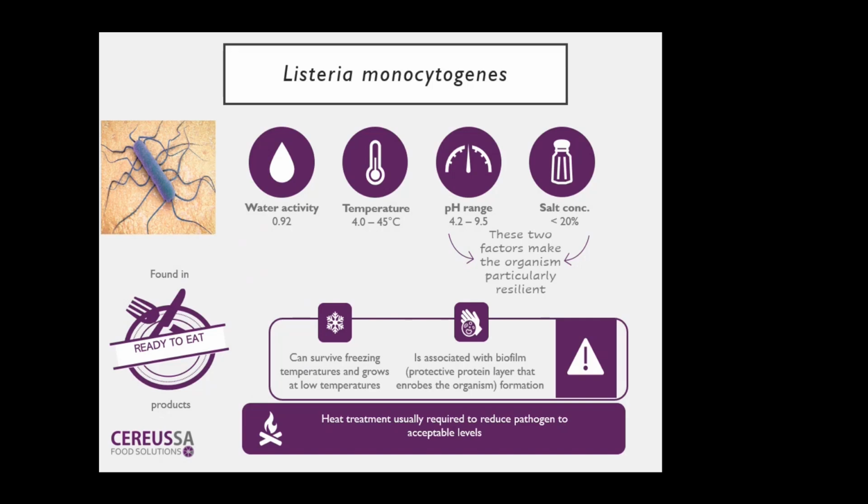Fortunately, Listeria is very quickly killed through heat treatment. And this is required to reduce pathogens to acceptable levels. So for instance, for milk, we will pasteurize the milk, which is a heat treatment to kill any Listeria that might be present in the product.